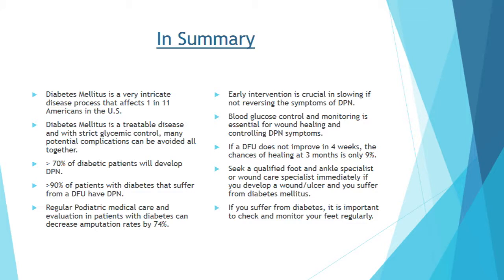Greater than 90% of patients rather, that have a diabetic foot ulcer have neuropathy. Regular podiatric medical care and evaluation in patients with diabetes can decrease amputation rates by 74%. Early intervention is crucial in slowing, if not reversing, the symptoms of peripheral neuropathy. Blood glucose control and monitoring is essential for wound healing and controlling neuropathic symptoms.